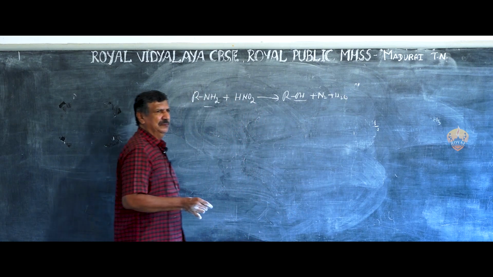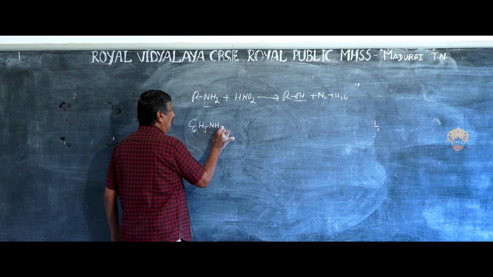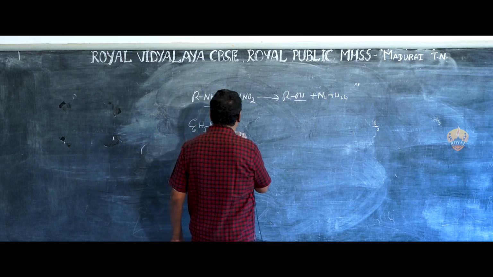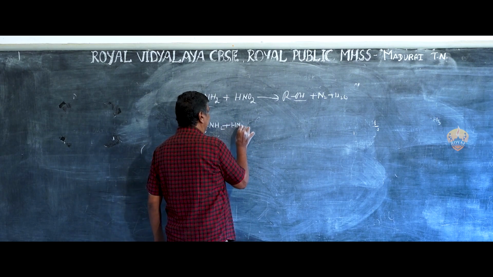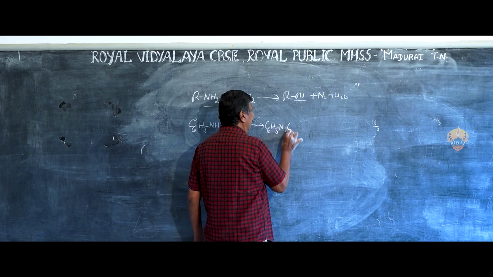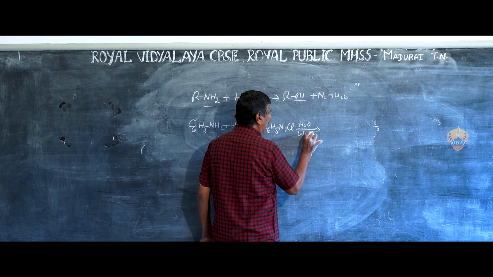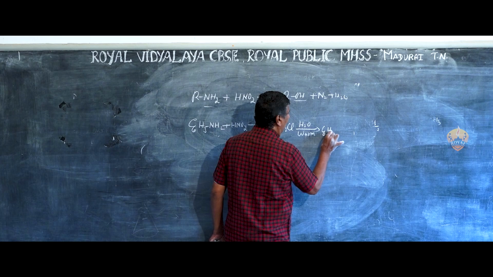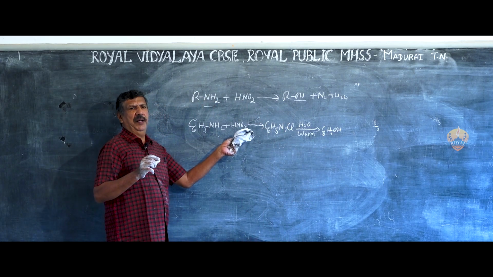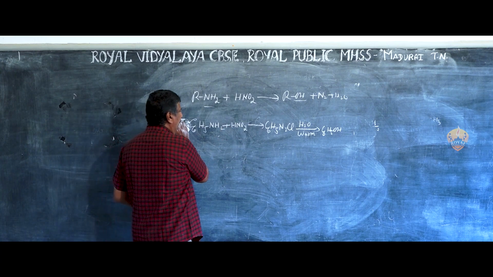But for phenol alone, when you start with aniline, it will not directly give hydroxy. First, it gives a diazonium salt, then on hydrolysis or warming with water, it gives phenol.